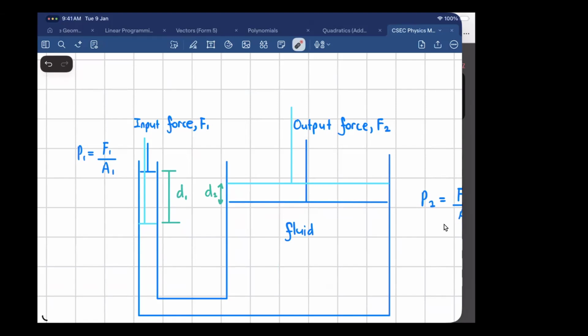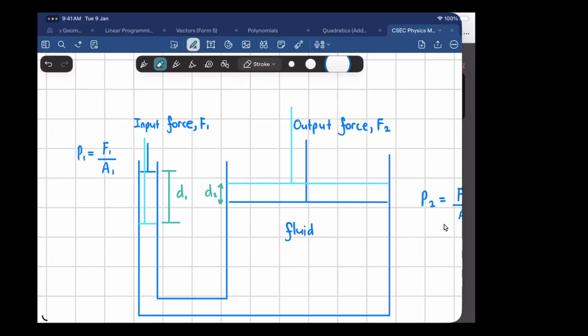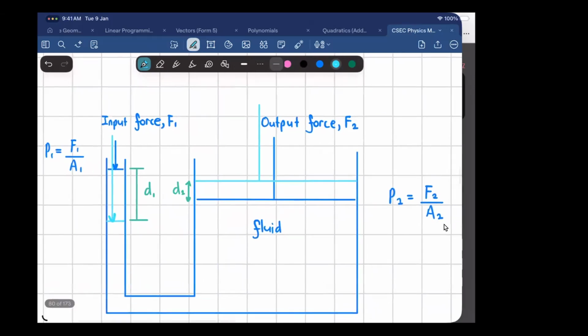Force? Yeah, the force would have to change. So tell me if you understand that so far. Initially you would have applied a downward force, and that would have been the force acting up on these plungers over here, right?